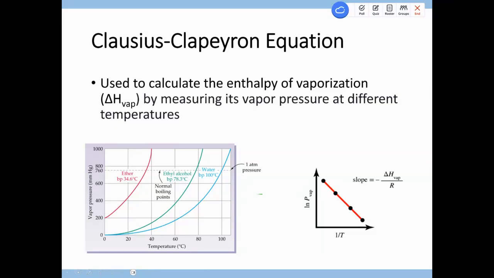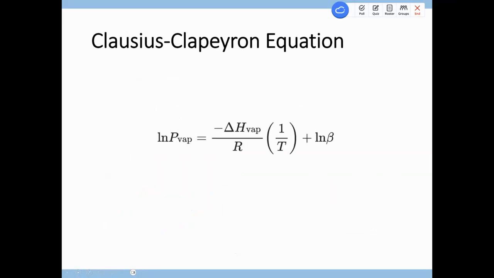So if you're working in a lab, you can't really look at or manipulate something and directly measure the energy required to vaporize, but you can directly measure how much temperature you provide and how much vapor pressure that substance has. So with that experimental data, that can be used to calculate the heat of vaporization. So the Clausius-Clapeyron equation takes all of that into account.